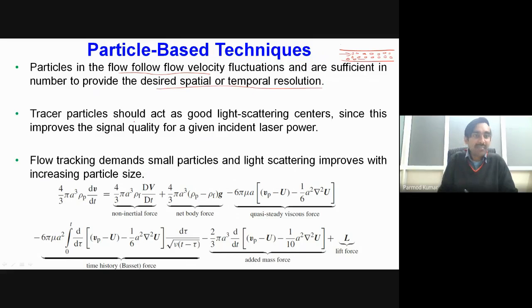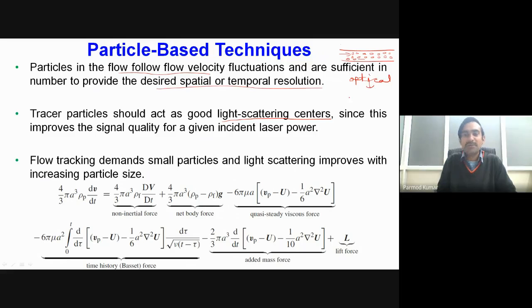Okay, now tracer particles should act as good light scattering centers, because while these particles are flowing inside the flow field, we have to trace their motion. For tracing the motion of the particles, the majority of the time we go for optical measurements.